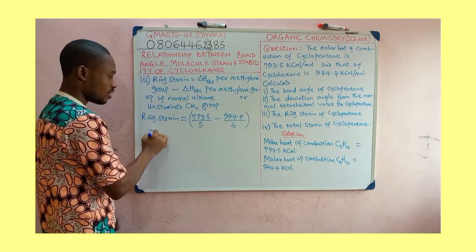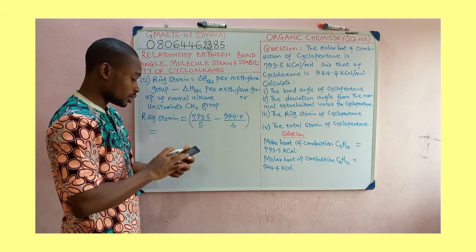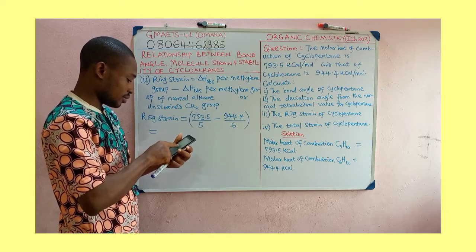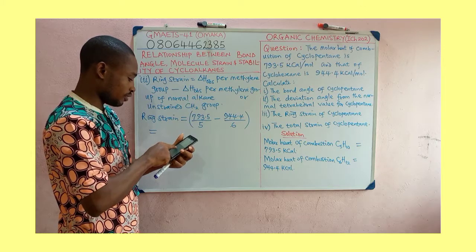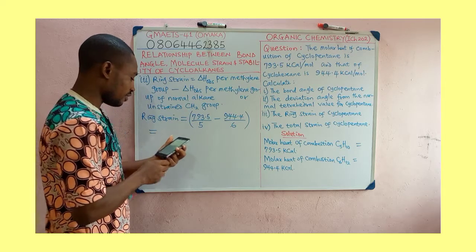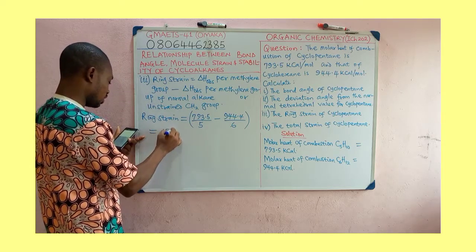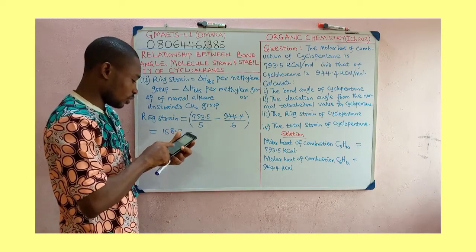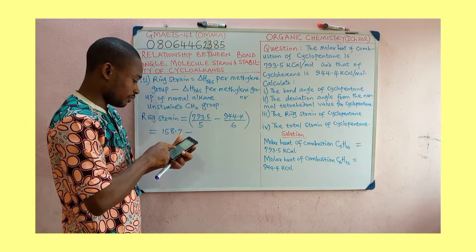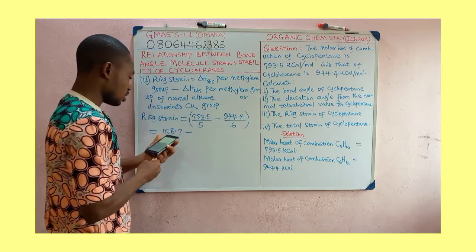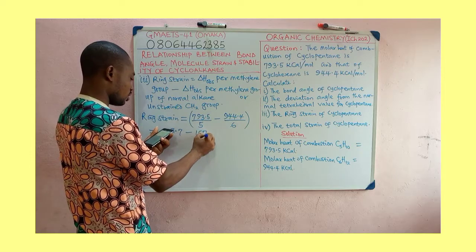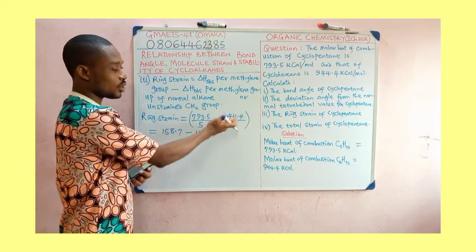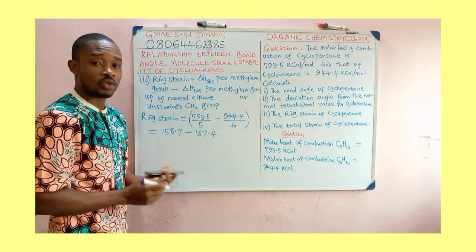So let's see what this gives us. 793.5 divided by 5 is 158.7, minus 944.4 divided by 6, which is 157.4. So you can see that value I've been highlighting since. And this is how they obtained it, 157.4.